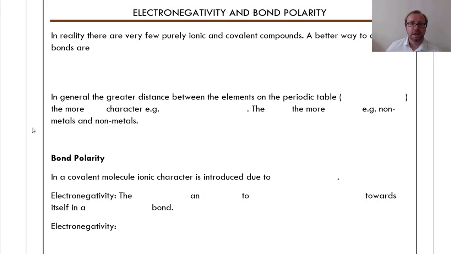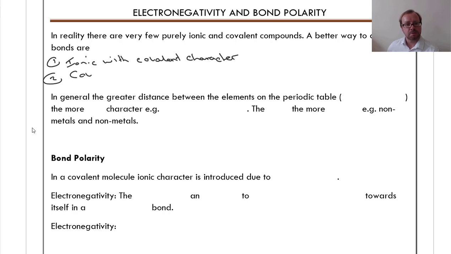Okay, so electronegativity and bond polarity. In reality, there are very few purely ionic and covalent compounds. A better way to describe bonds are ionic with covalent character, or covalent with ionic character.